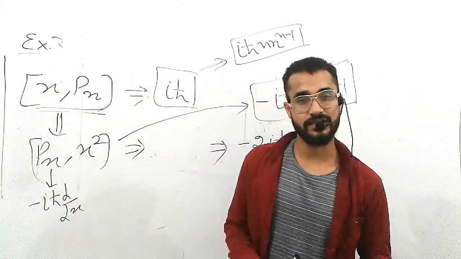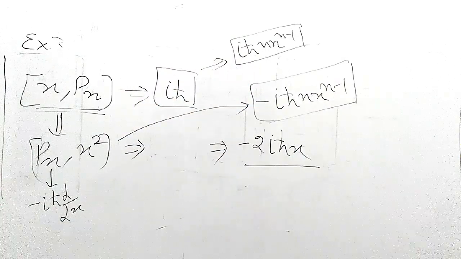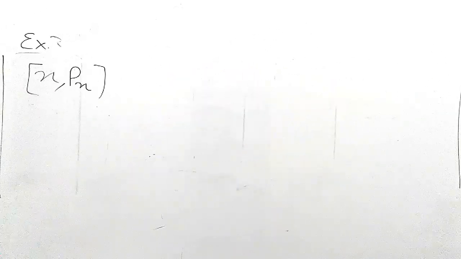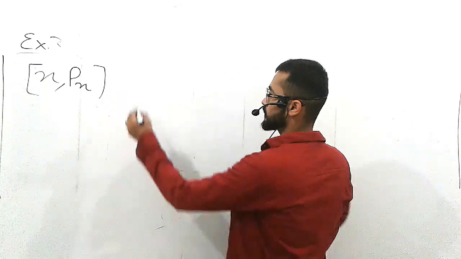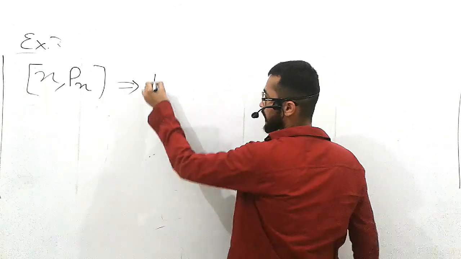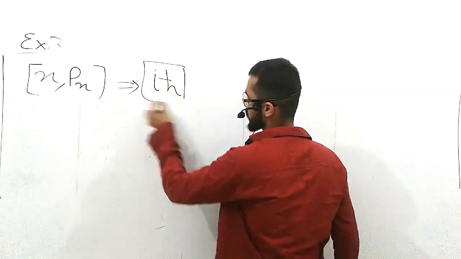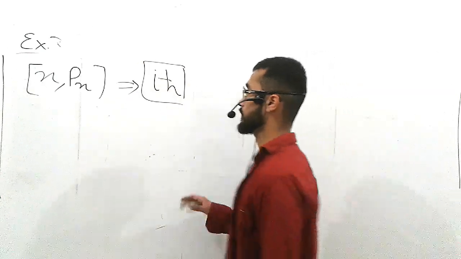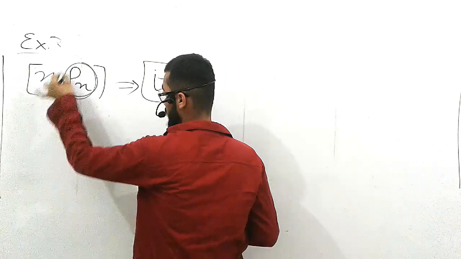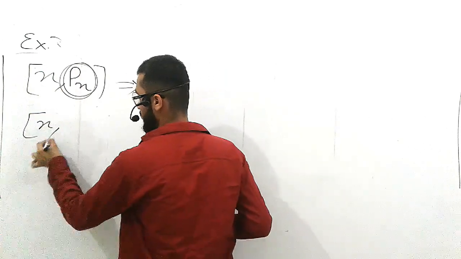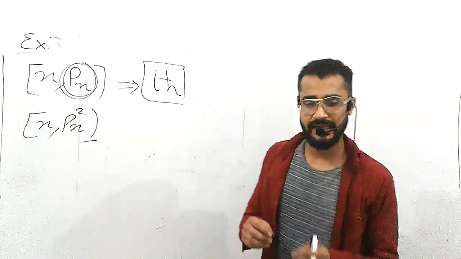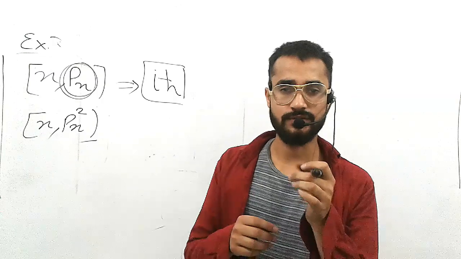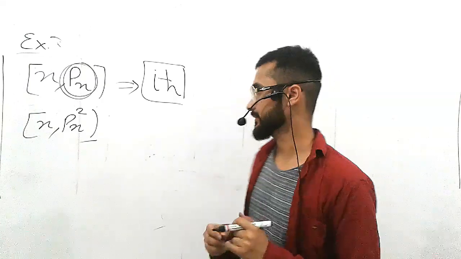Now I will move on to the next example. As we know, the result of this operation is iota h cross. Okay, what if I increase the power of px as px square? Now a short change I have to apply here.